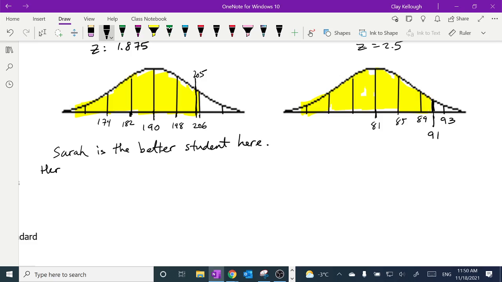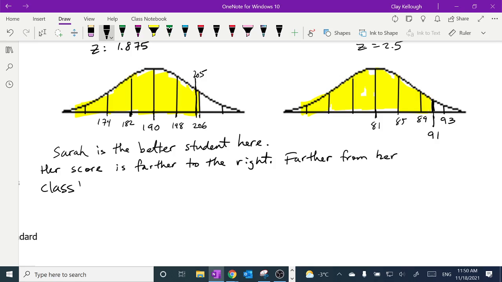Her score is farther to the right, farther from her class's mean than Madeline.